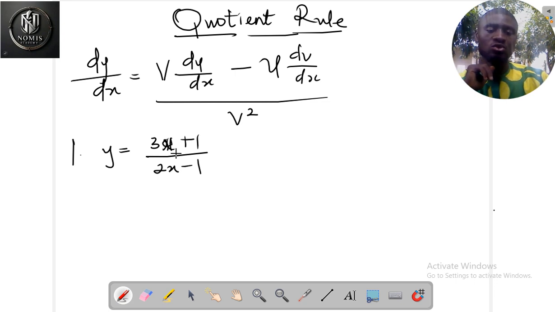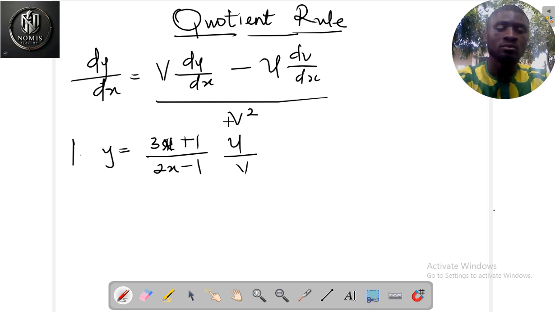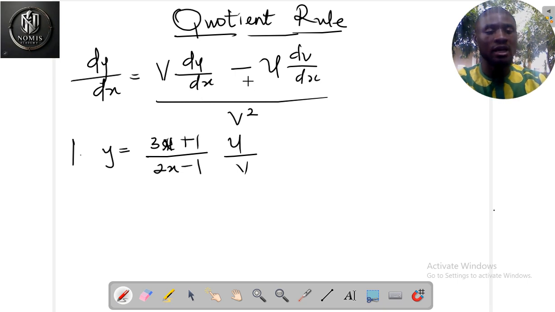Remember, the upper part or numerator is the u, and the denominator is your v. So you can interpret this question back into the formula for dy/dx. Without wasting our time, let's find all the parts of the formula that we need to get dy/dx, one after the other.